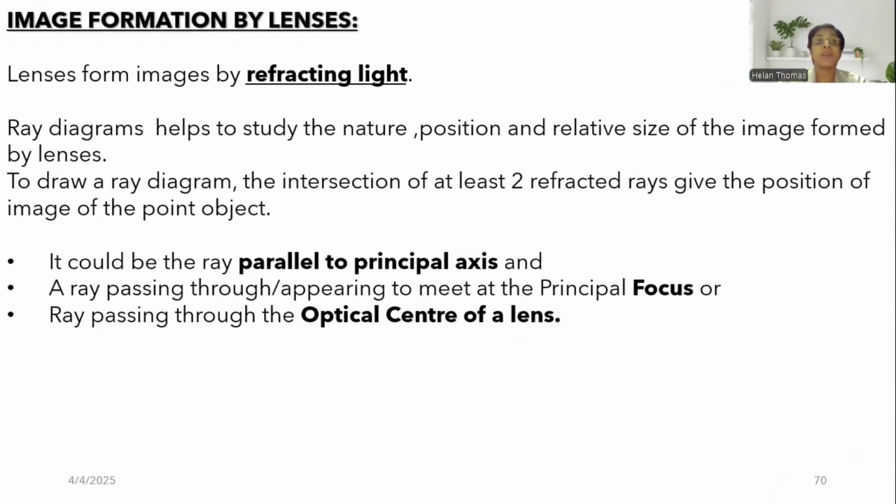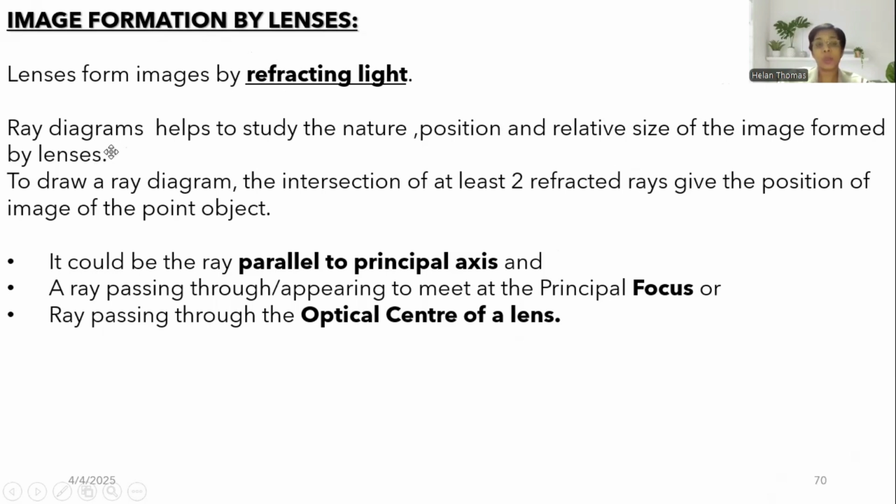That is, when light travels obliquely from one medium, say from air to glass, which is an optically denser medium, it will move closer to the normal and change the direction of the path of light. So lenses form images based on the phenomenon of refraction of light.